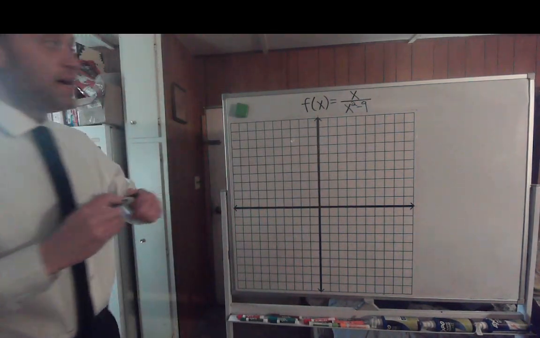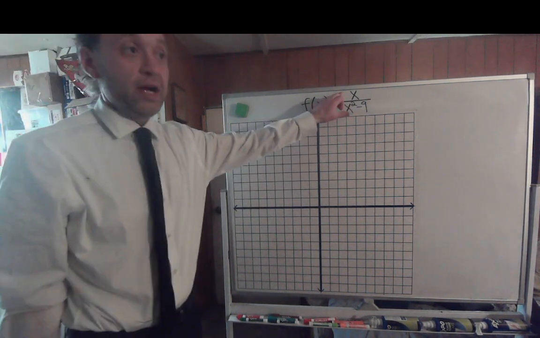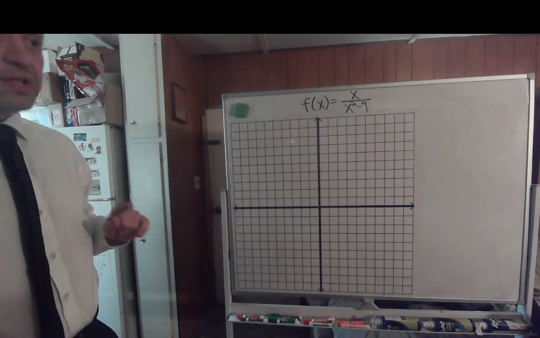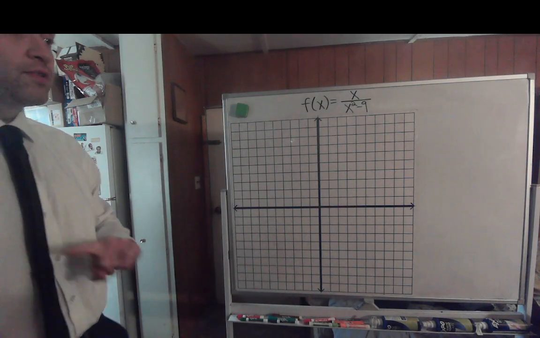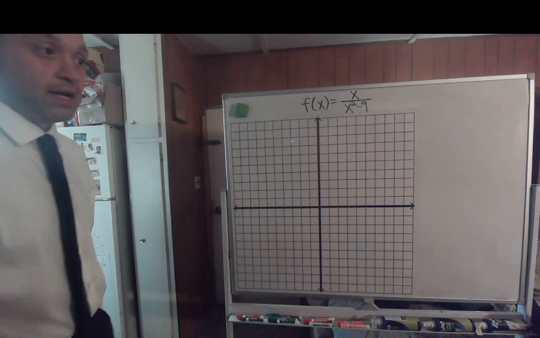So we have x over x squared minus 9. The degree of the numerator is still less than the degree of the denominator, so these rules will still apply. However, you have a linear term in the numerator and a quadratic in the denominator.